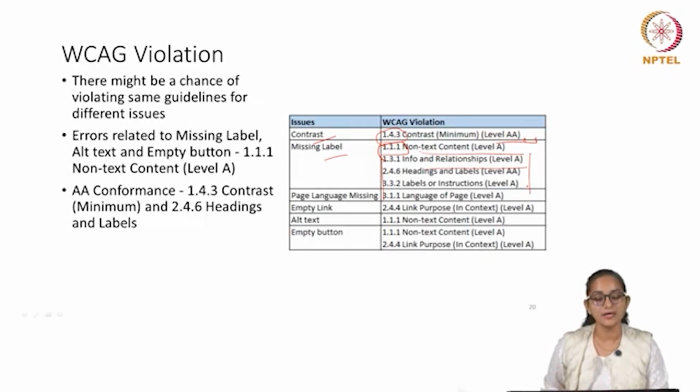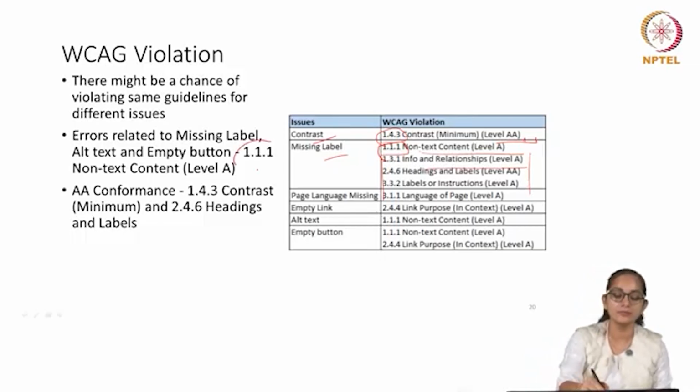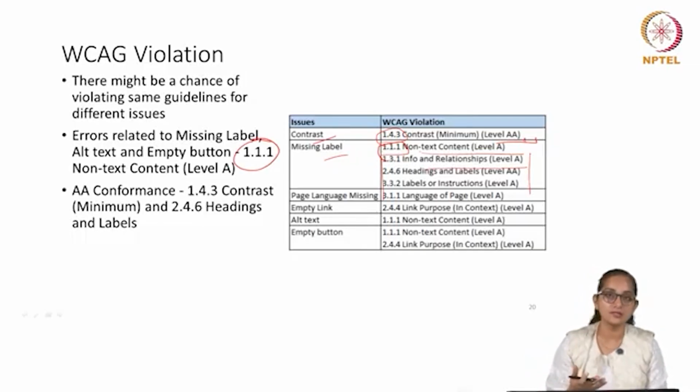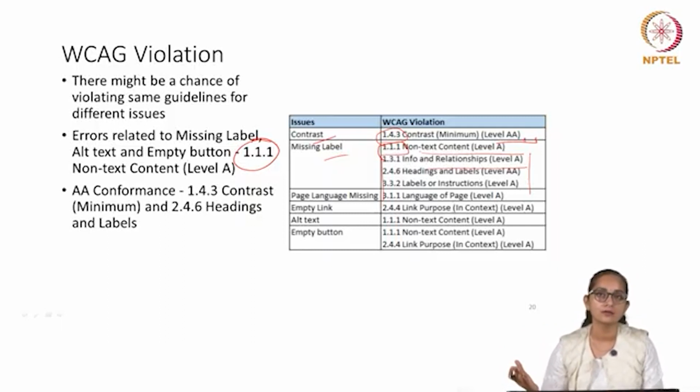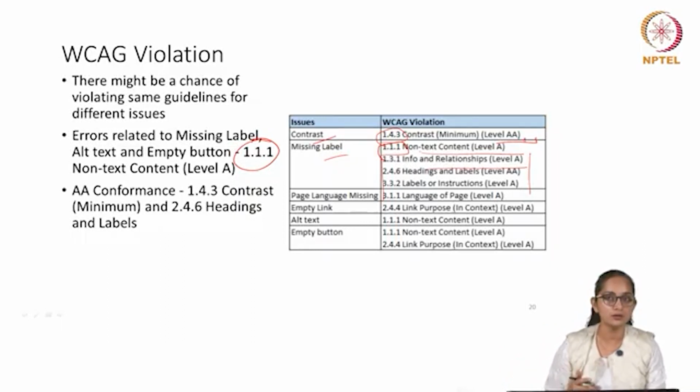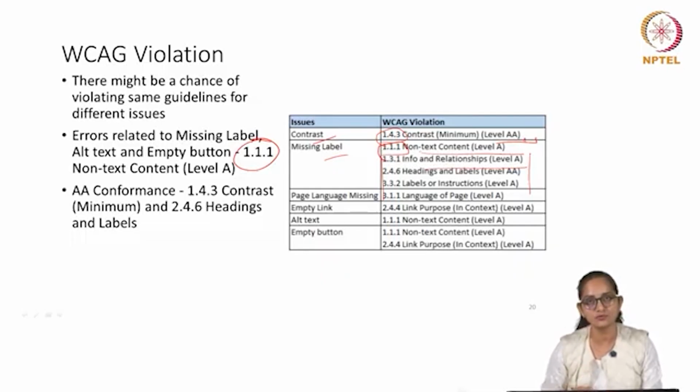For example, errors related to missing label, alt text, and empty button fall under the 1.1.1 criterion, non-text content. Again, for all these numbers, after you see the report, you need some knowledge of where to go, what to find, and how to fix it. So, you go back to the WCAG library, refer to it, see the techniques for how to fix it, and then fix it.